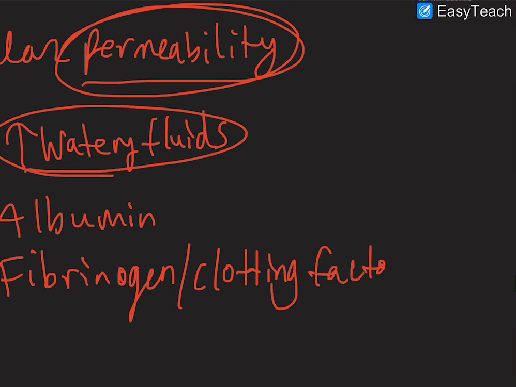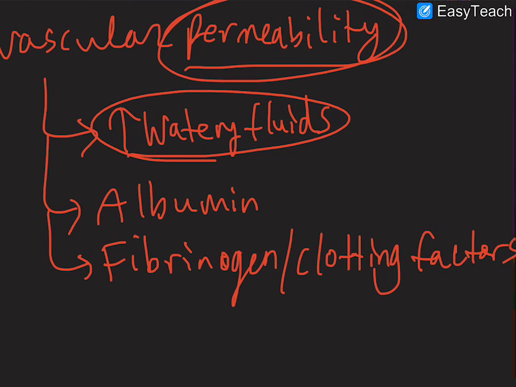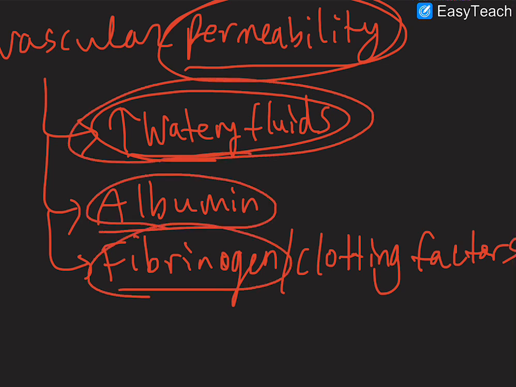So all of these contribute to the non-pitting edema. Because along with the fluids, if proteins like albumin and fibrinogen and clotting factors come in, it makes the content that leaks from your blood vessels into your deep tissue space more dense and gel-like.